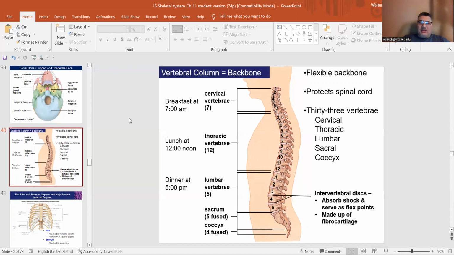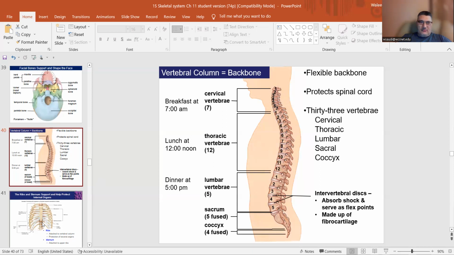Can you help us remember this? Yes. Remember, you get your breakfast at 7 a.m. That should remind you of the first one, 7 cervical. What's a cervical? Cervix is neck. You get your lunch at noon, 12 thoracic. You get your dinner at 5 p.m., 5 lumbar, and then 1, 1.